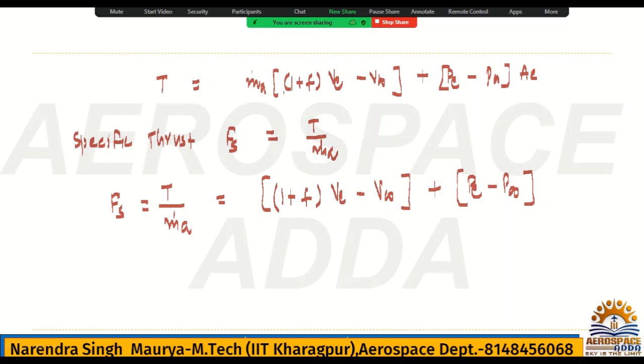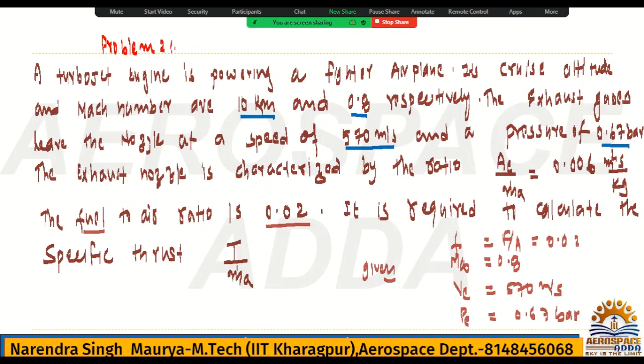This is the first formula, and once you get the specific thrust you need to divide by m dot a on both sides. So if you divide both sides, then in this formula A is there, so obviously A divided by m dot a, that I missed. Why I remember this: because in the problem itself, A by m dot a they have given. When I was cross checking the answer, I immediately saw this A by m dot a, which we had not used.